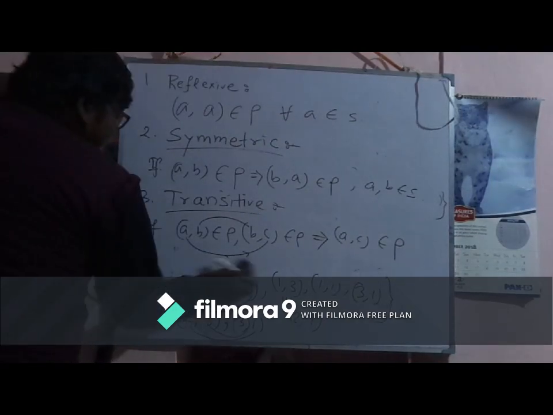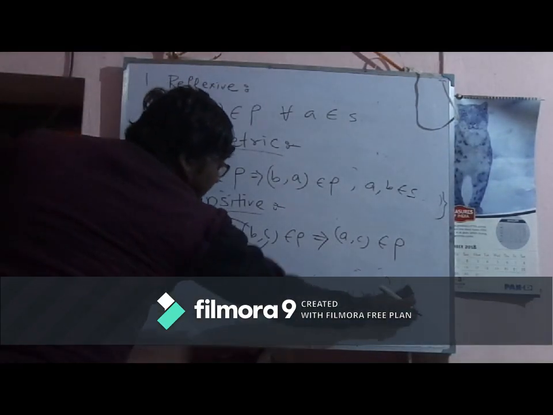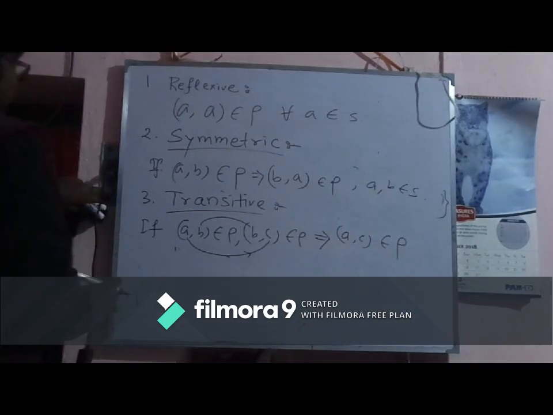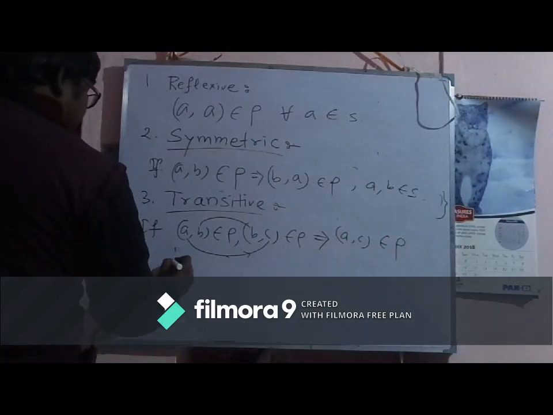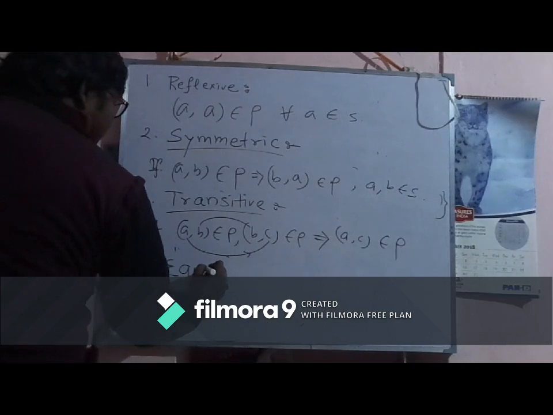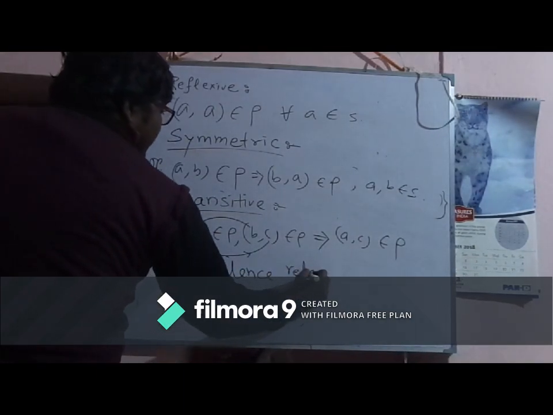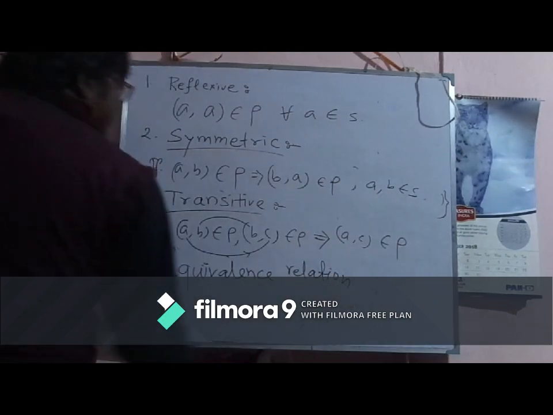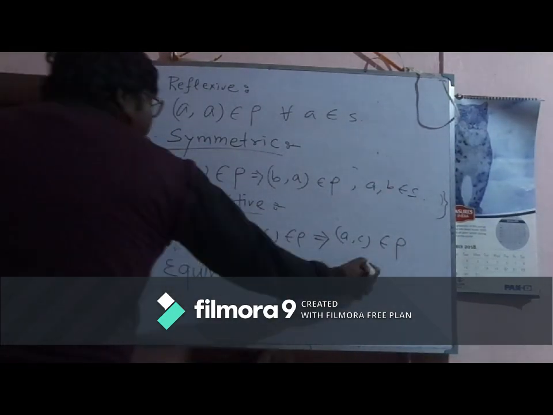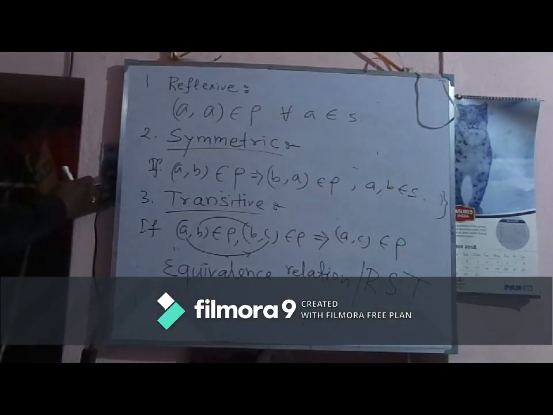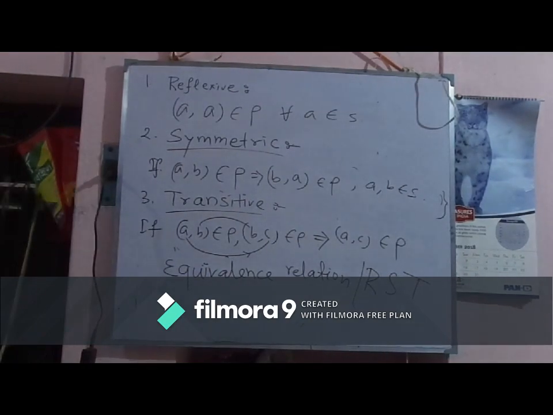If a relation is reflexive, symmetric and transitive, then the relation is called an equivalence relation, or RST relation. R for reflexive, S for symmetric and T for transitive.